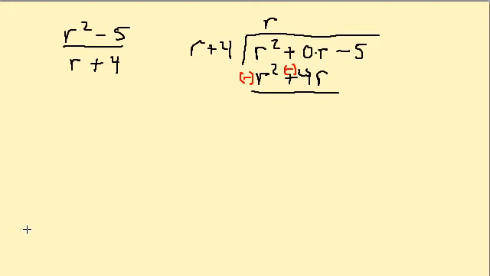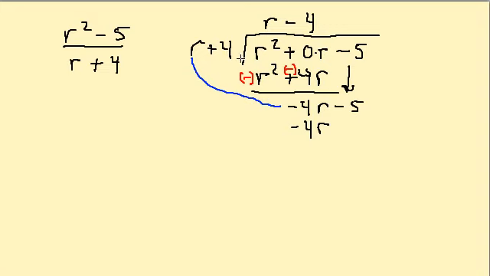So here I have r squared minus r squared is 0. 0r minus 4r is minus 4r. And then I bring down my next term. Now, what do I need to multiply to r to get negative 4r? Well, that's minus 4. So minus 4 times r plus 4, that's minus 4 times r is minus 4r.